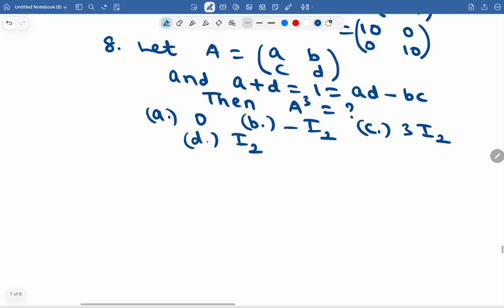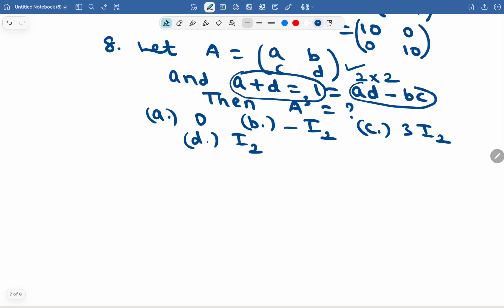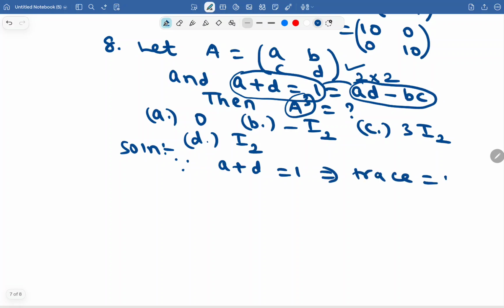Here the problem is given the form of a matrix which is ABCD, which is 2 cross 2 with the condition A plus D equal to 1 and also AD minus BC is also 1. We have to find A cube. Since A plus D equal to 1 means trace equivalent to 1.